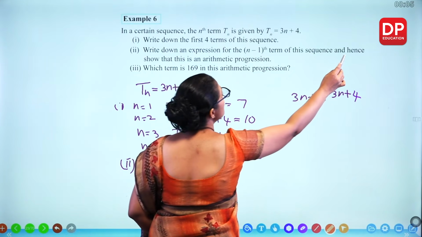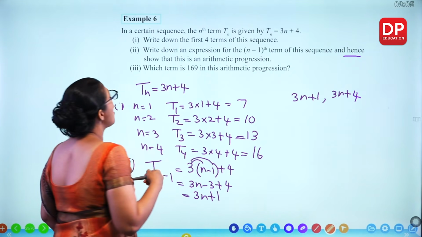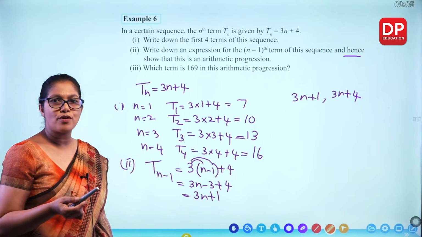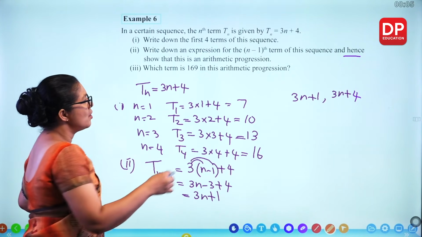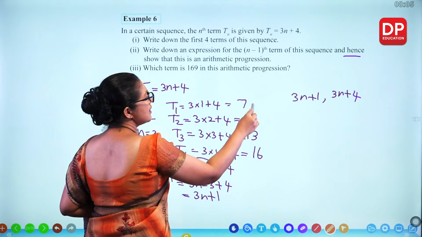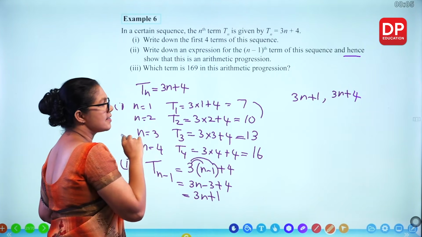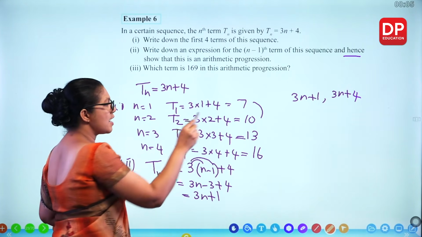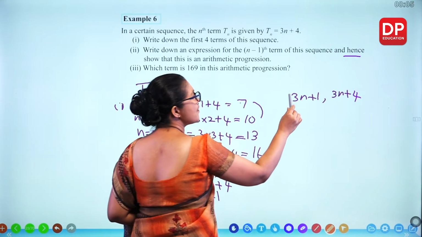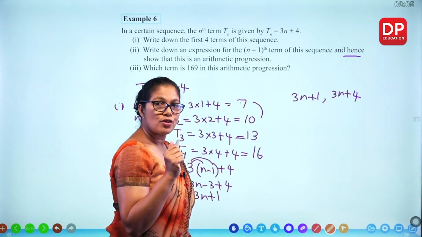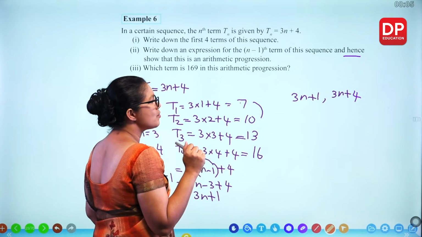Hence means using this answer you are asked to show that this is an arithmetic progression. How can we find out? Take the differences: 10 minus 7 is 3, and all of these are 3. If you take this difference, it should be equal to 3, so we'll see whether you get 3.